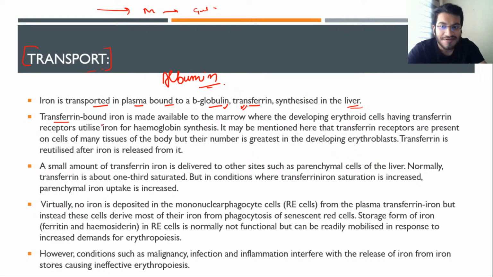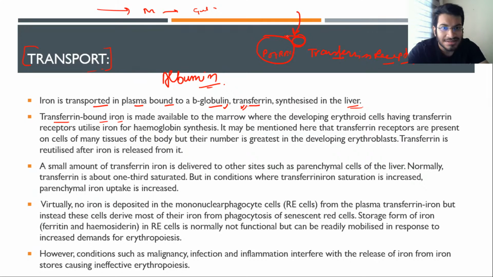So the transferrin bound iron is made available to the marrow where the developing erythroid cells are there. So an erythroid cell will have a transferrin receptor. So a precursor of RBC will have a transferrin receptor. So this transferrin bound iron comes here, right?